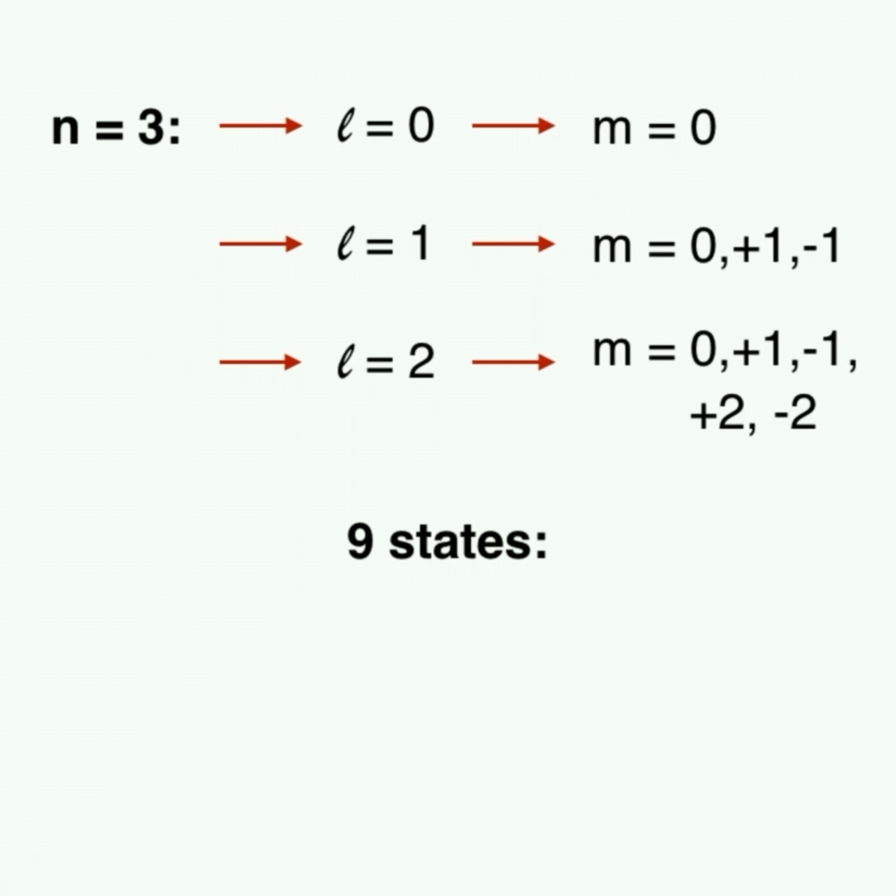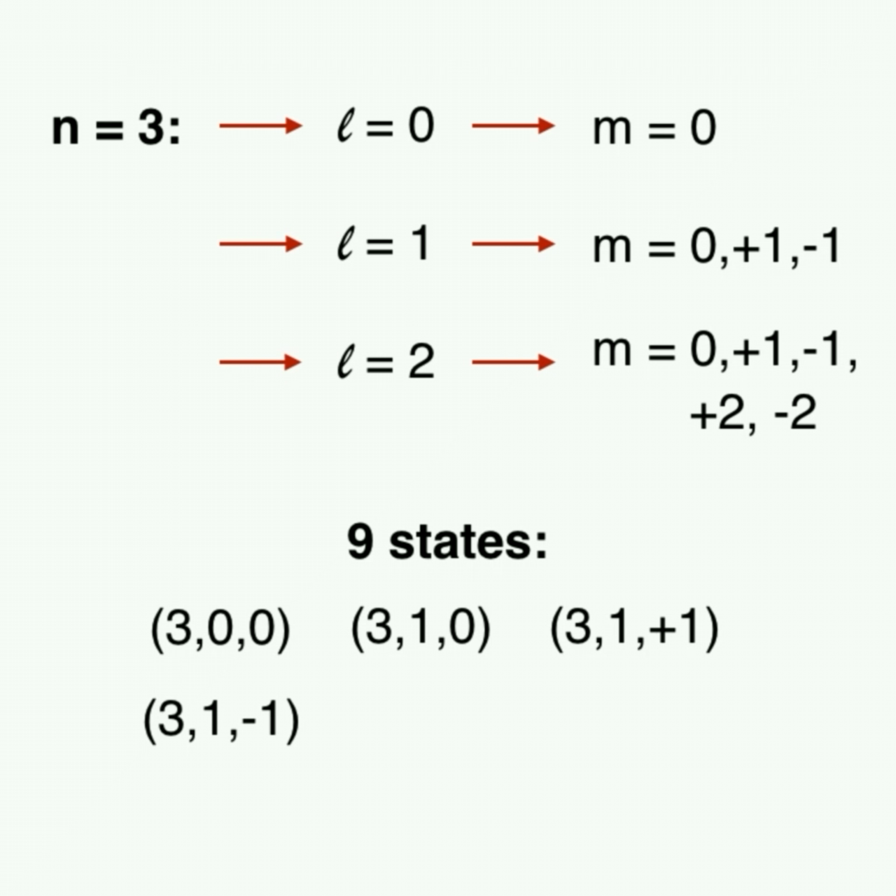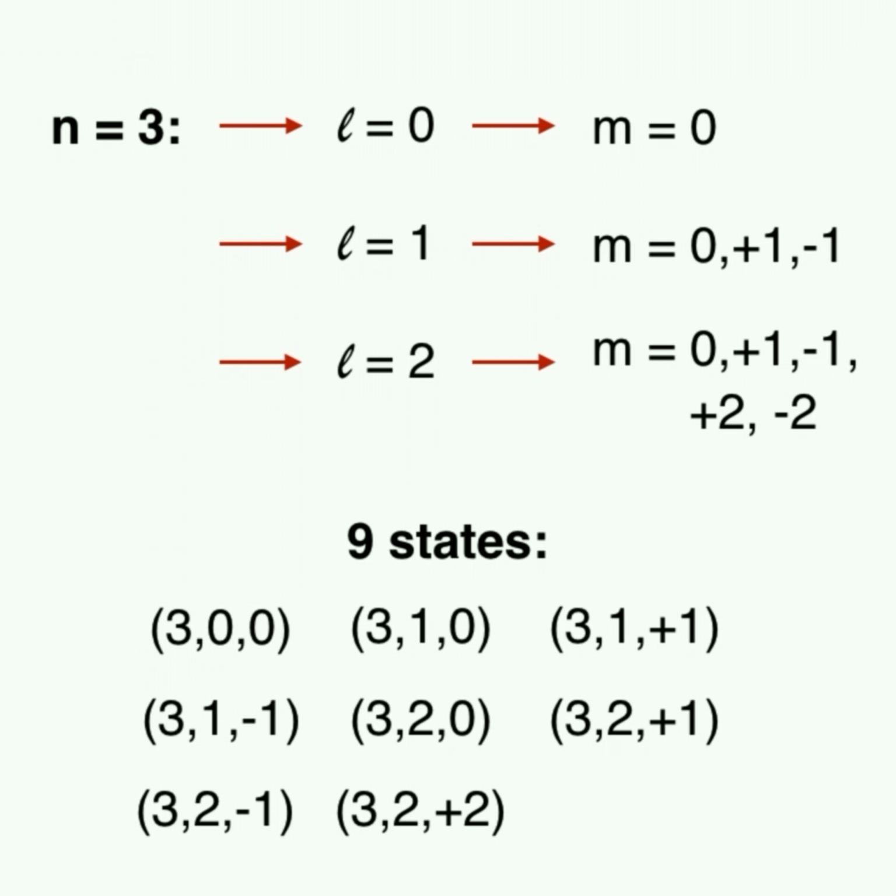Altogether, this gives us 9 possible states with n equal to 3. These states are 3, 0, 0; 3, 1, 0; 3, 1, positive 1; 3, 1, negative 1; 3, 2, 0; 3, 2, positive 1; 3, 2, negative 1; 3, 2, positive 2; and 3, 2, negative 2.